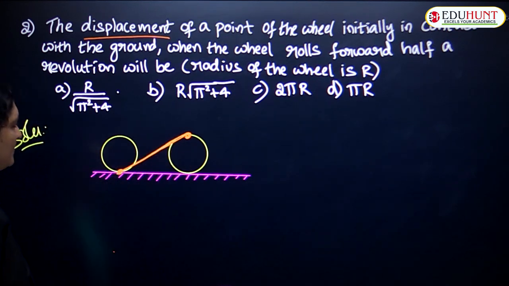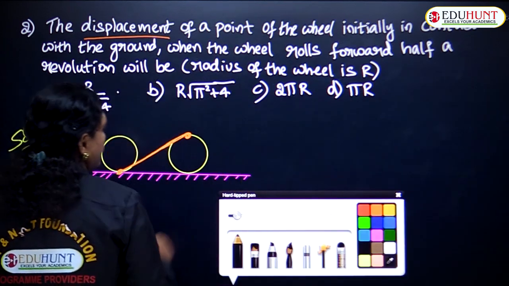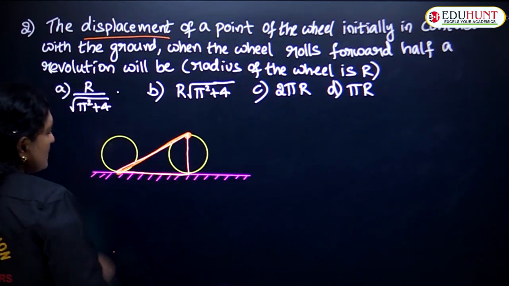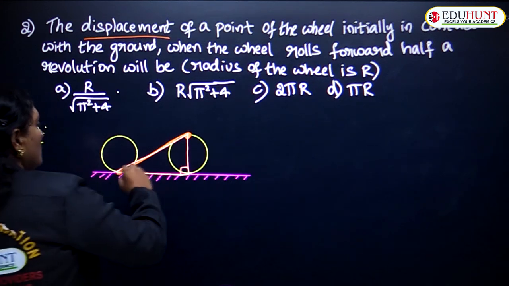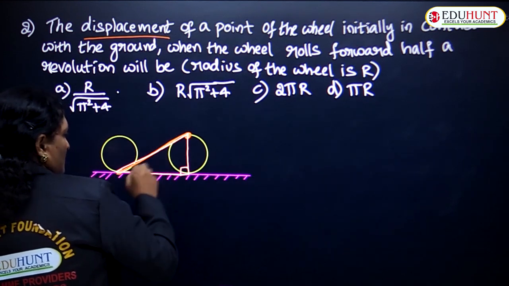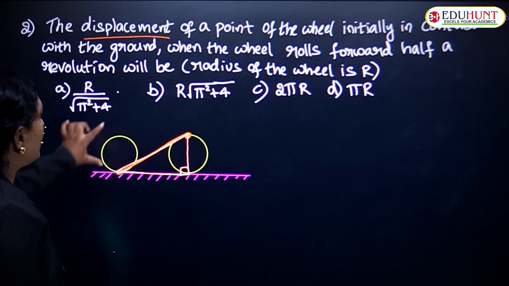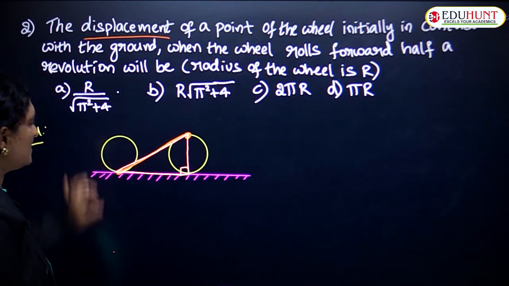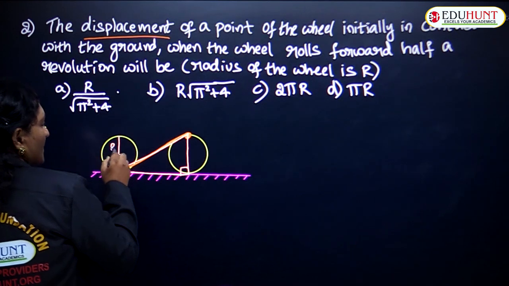In order to find the length of this orange line, again you need to imagine the right angle triangle. So this can be your right angle triangle, isn't it children? In this right angle triangle, this will be your hypotenuse. The hypotenuse square equals the sum of the squares of the other two sides. If the radius of the wheel is r, then here to here is r, and here to here would also be r.